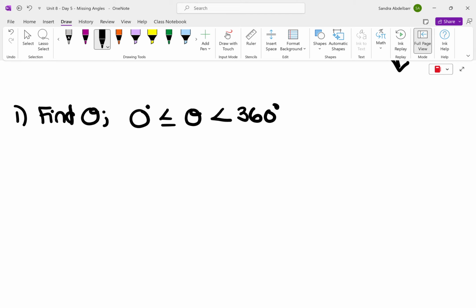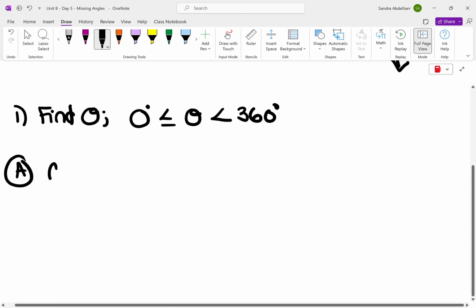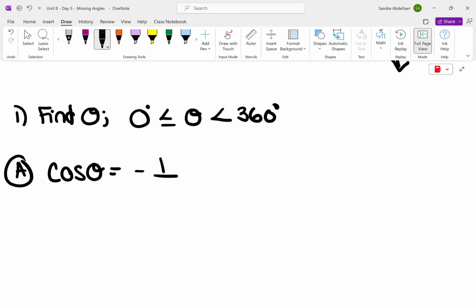So if we get to that 360, it's 0, not 360. Okay, the first problem we're going to do is the cosine of theta is equal to negative 1 over root 2.